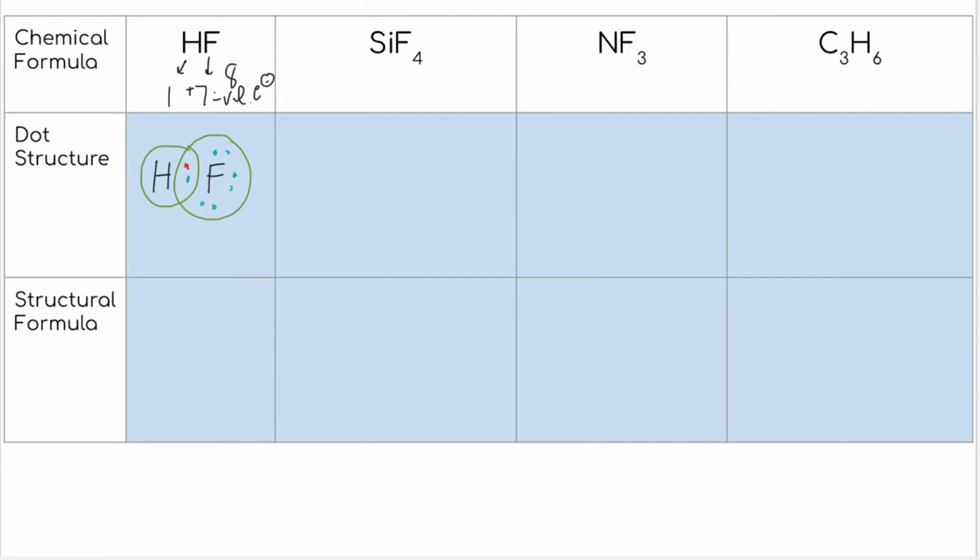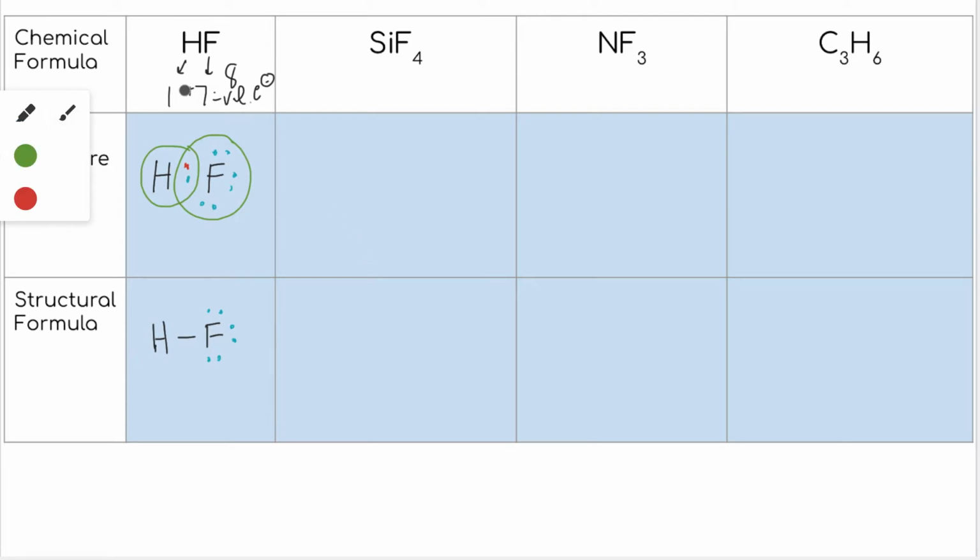If we translate from the dot structure to the structural formula, every shared pair of electrons is given one line, one shared bond, and all of the unshared, non-bonding electrons will just stay as dots in the structural formula. Okay, so there we go. That's the example for HF.